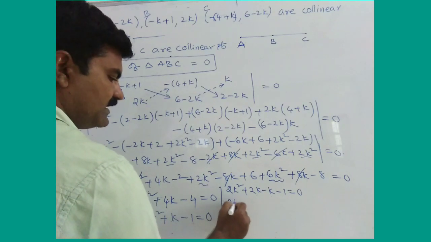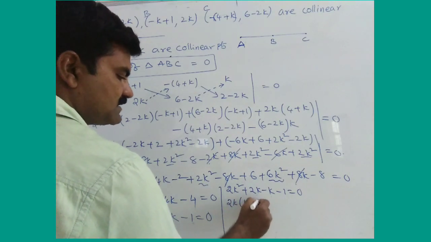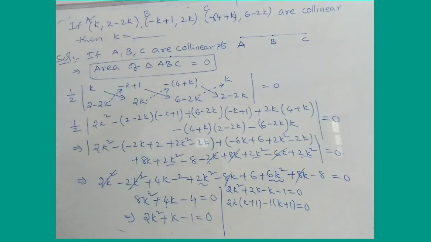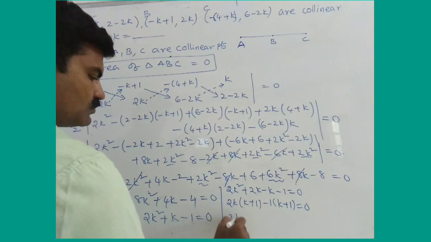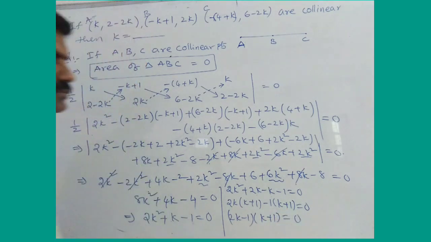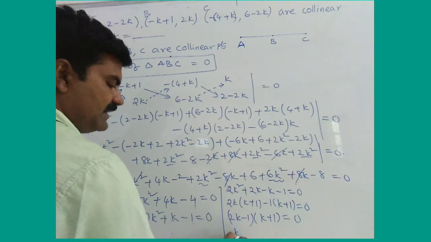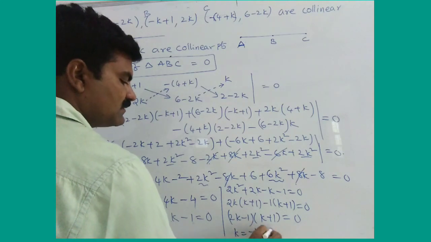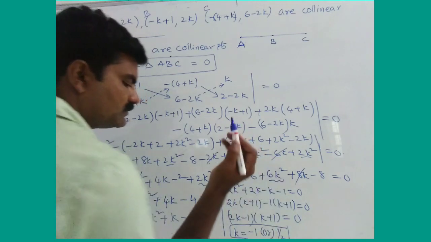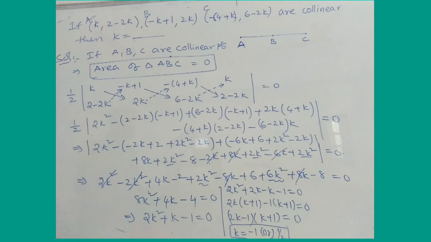So here we can take 2k common, that's k plus 1, and minus 1 if you take common, k plus 1. So 2k minus 1 into k plus 1 equals 0. So we can write that k equals minus 1 or 1 by 2. The value of k is minus 1 or 1 by 2.